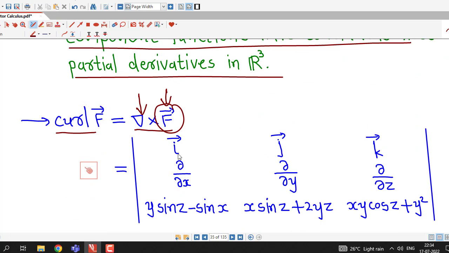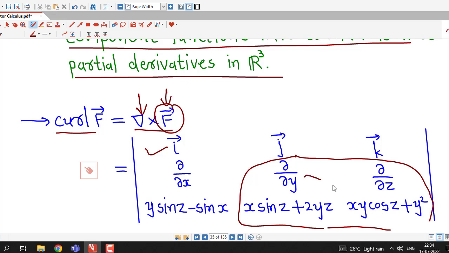Now we evaluate this determinant. First we start with i bar, and with i bar we write the determinant of this matrix, that is, the partial derivative of this function with respect to y minus the partial derivative of this function with respect to z. First we take the partial derivative with respect to y, considering x and z as constants. So x and cos z are constants. The derivative of y is 1 plus the derivative of y square is 2y.